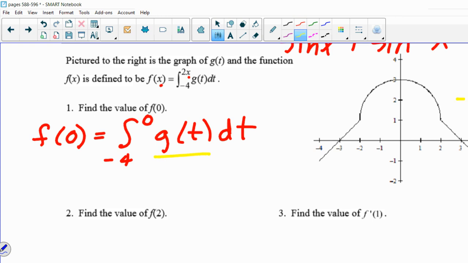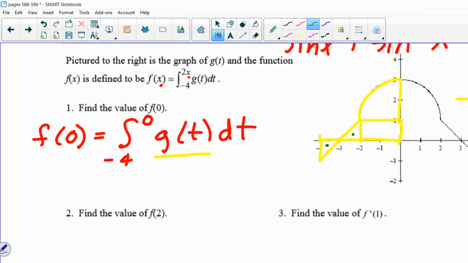I am integrating a function whose graph I have, so that means area. I'm finding the area under this curve from x equals -4 to x equals 0. So what have I got here? I've got that, and I've got that. But I'm going to do that.